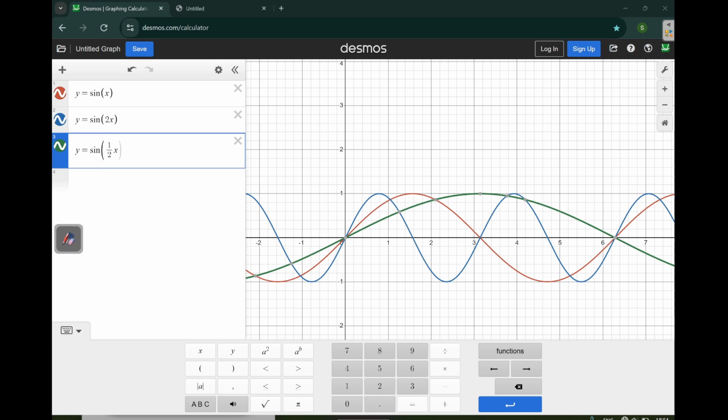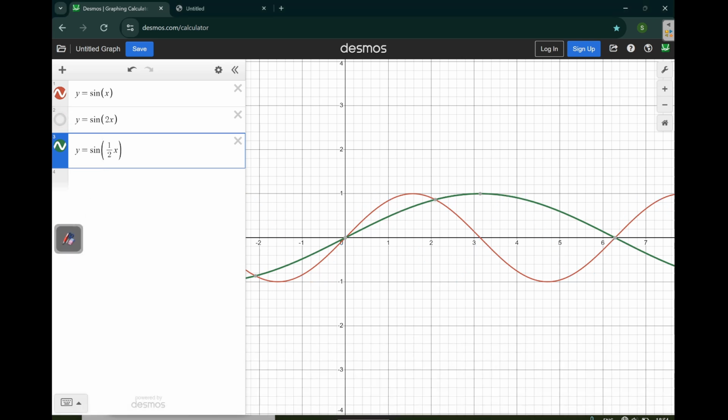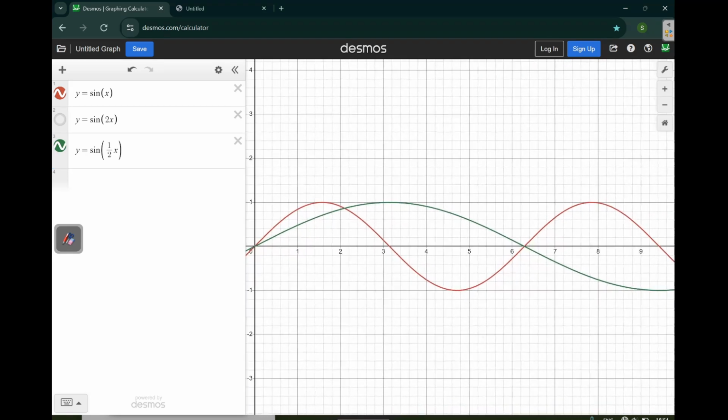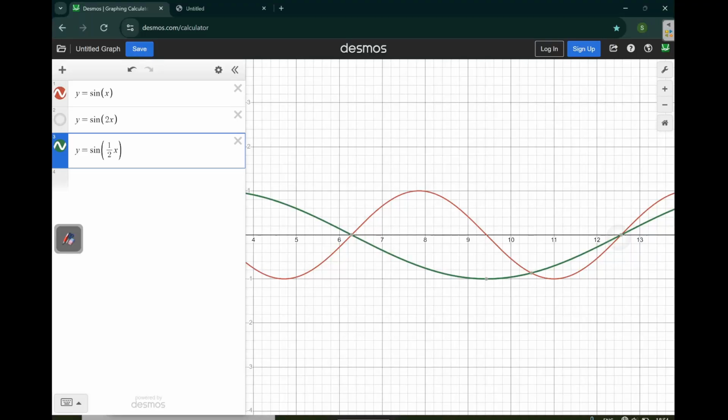The period of the green one is now 4 pi, while for the other one it is 2 pi. So you have 1 over half, which gives you 2 times. That is why the period here is 2 times.